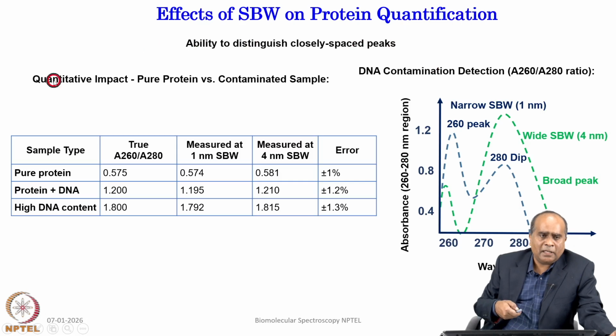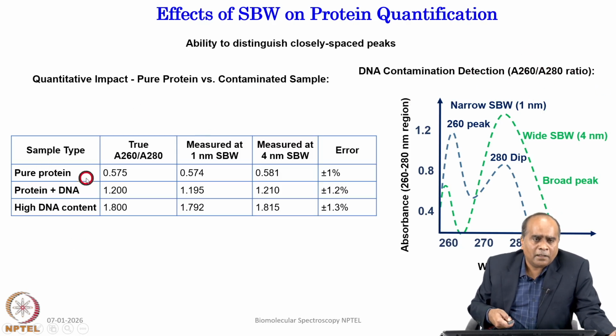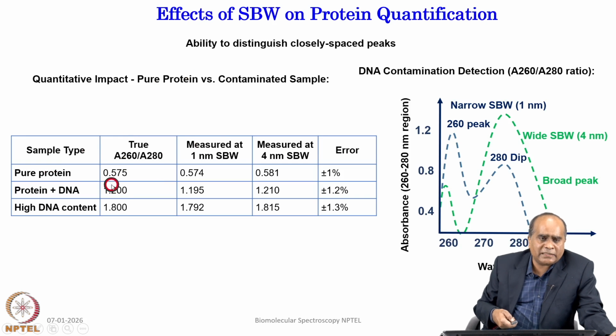wrong quantification. Let us look at the pure protein versus contaminated sample, where contamination can come from DNA. You remember we do this DNA quantification with the 260 by 280 ratio, 260 for DNA, 280 for protein. So, say pure protein, the true 260 by 280 is 0.575, protein plus DNA is 1.2, and high DNA content is 1.8.